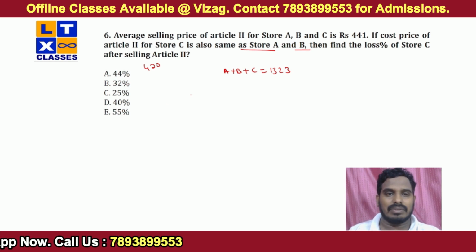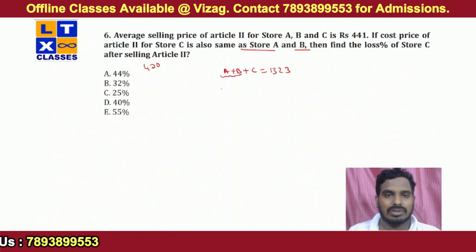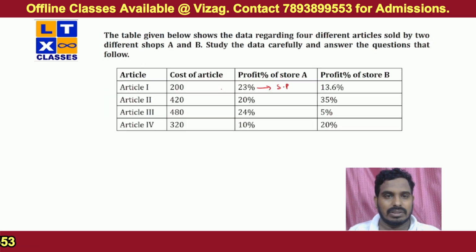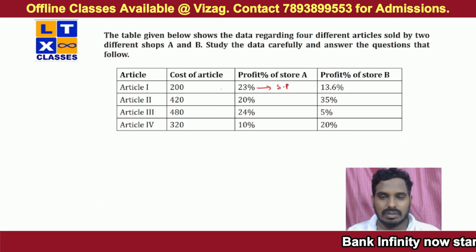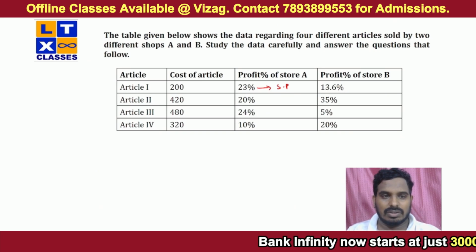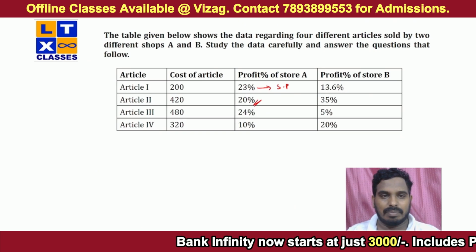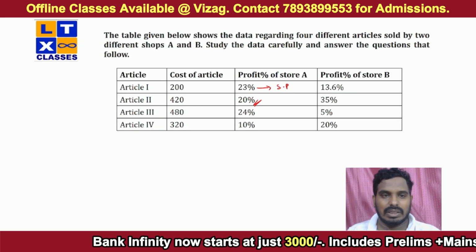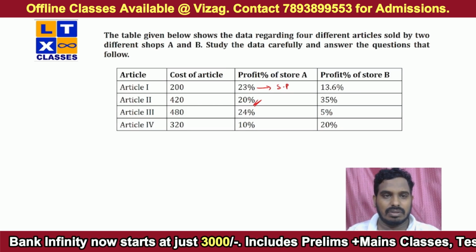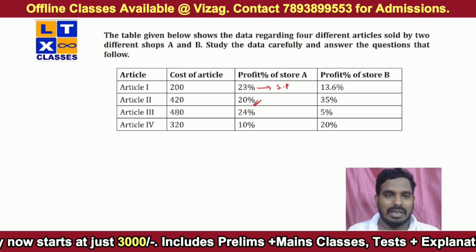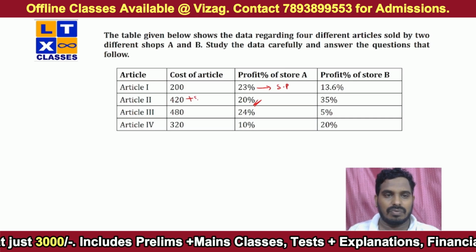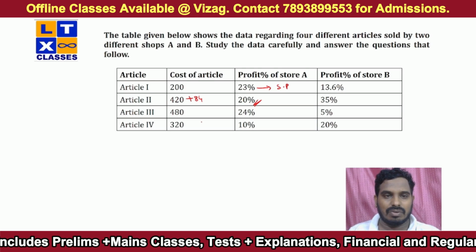Okay, we'll find the selling price first. We know the selling prices of A and B. Article A is sold at 20% profit. So 420, 10% would be 42, 20% would be 84. If I add 84 to 420, this will be 504, right?